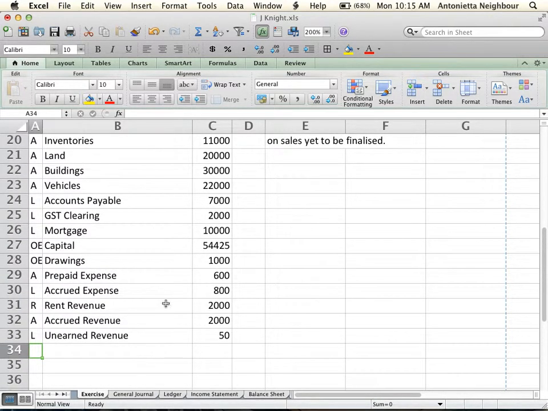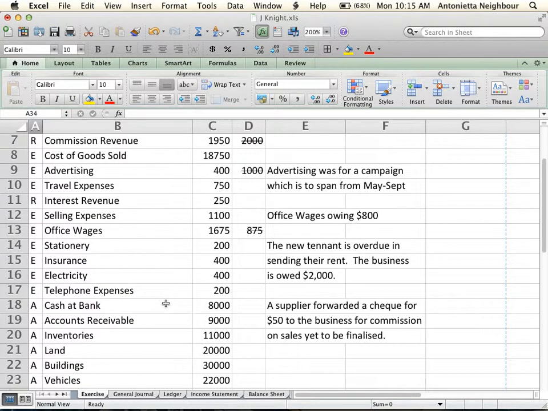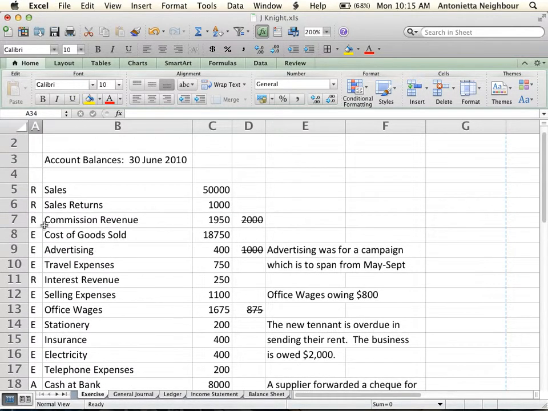Okay, to make the next step, which is the general journal, a lot easier for us, we need to rearrange these so that all the revenues are together. I'm just going to hop into that cell where it says the first revenue. Just make sure you're positioned in that cell, and then up here we've got our sorting.